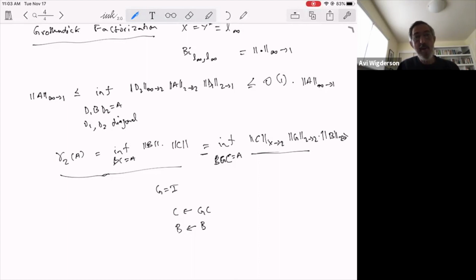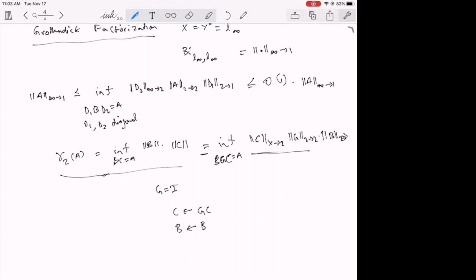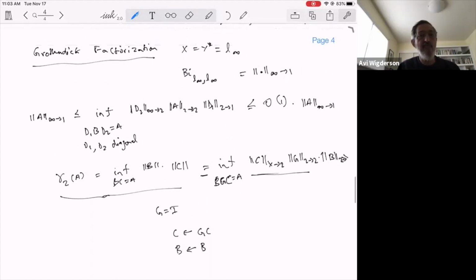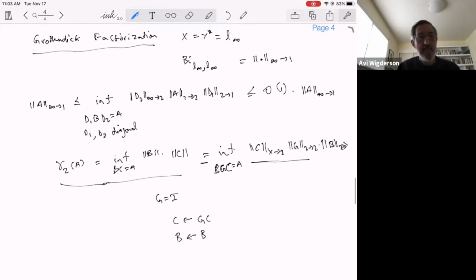Yeah, I mean, all you're saying is that it's stronger because you can just combine the first two terms, and then you have something from infinity to 2. If you take D1 times A, sorry, what is going on?